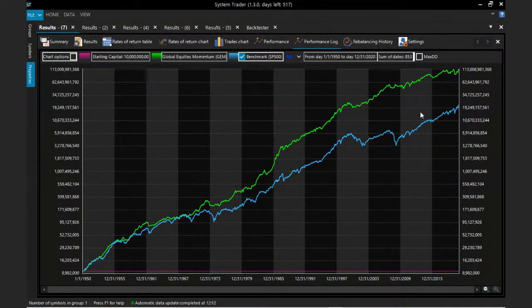Even in the last years, the global equities momentum, although it's beating the S&P 500 long term, in recent years is worse than the S&P 500, because that strategy is very good if we see a longer bear market on the stocks. Then that strategy will show its advantage, because at some point it will move us to the bonds, and once the market rebounds, we will be again in stocks and we will avoid the huge losses.